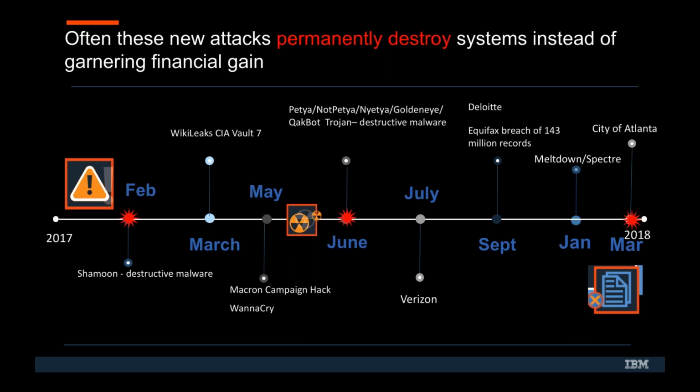It can be significant damage to your infrastructure that you have to attempt to recover from, but it can also be financial gain. And so there are a lot of different areas that you really have to start thinking about how you're going to deal with the risk to your systems and recover from those outages.